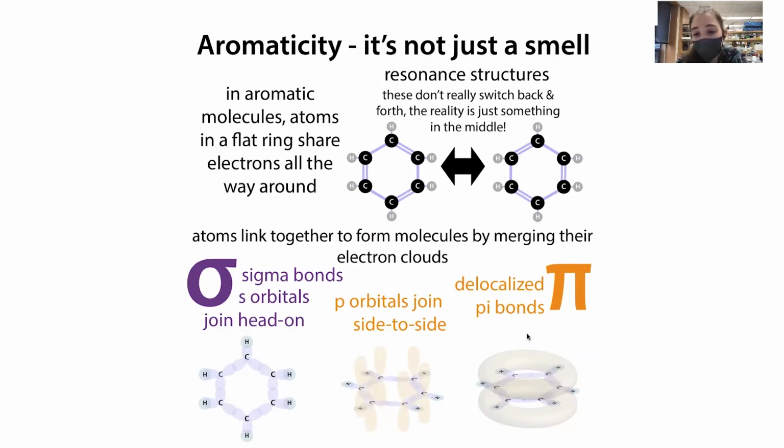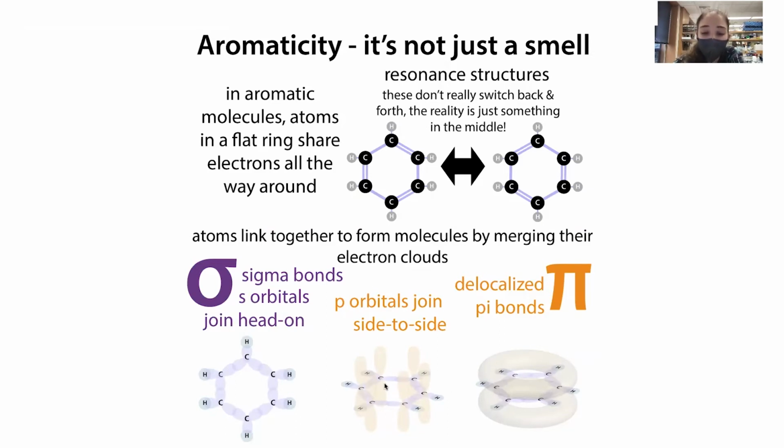In the case of a pi bond, it could be just a normal double bond. But in the case where you have delocalized pi bonds, and if it's in a ring, we call it aromatic.